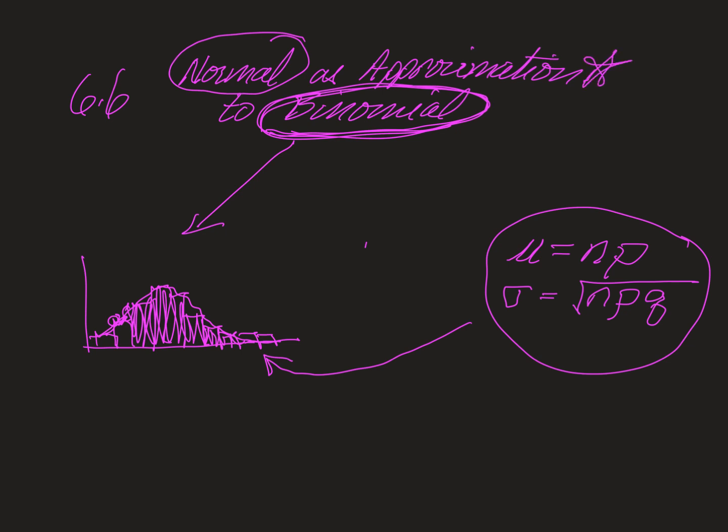When I first taught stats back in the 90s, I had to teach this all the time because these weren't on calculators. Even the early graphics calculators didn't have them. But now it's on there, and we don't even have to approximate binomial distributions anymore. But I did want to mention again that the mean of a binomial is np, and the standard deviation of a binomial is the square root of npq. That's worth reminding you of.